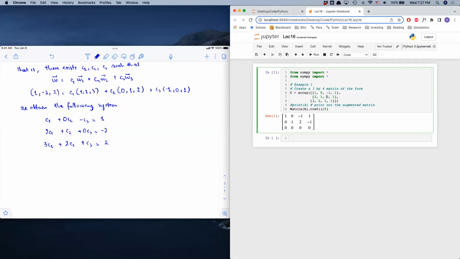Okay, so the second equation is 2, 1, 0, and here is negative 2. The third equation, the coefficients are 3, 2, 1, and positive 2. And we're going to hit Shift Enter, and this is what we're going to see.